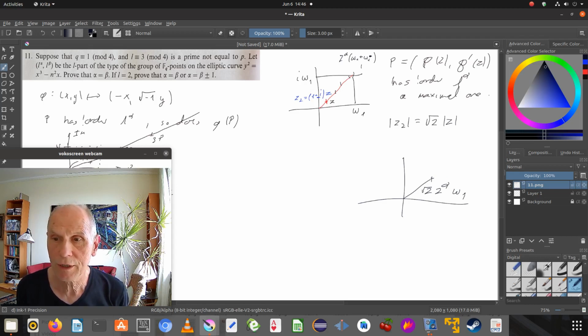And if we go in here, we end up at square root 2 to alpha I omega 1, and that's exactly where this guy will hit after 2 to alpha times.